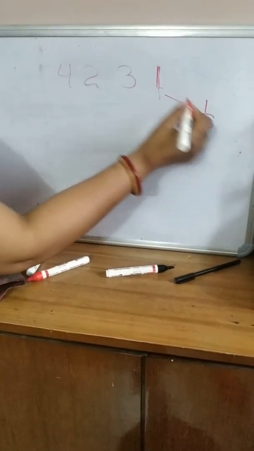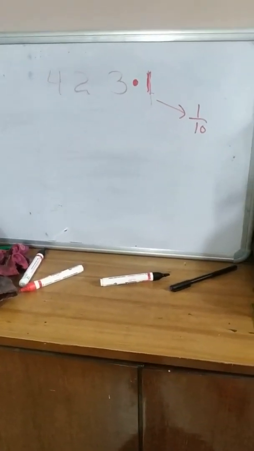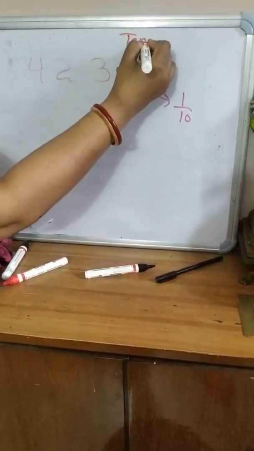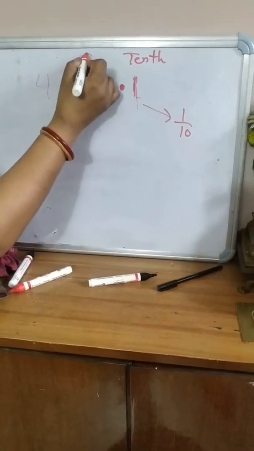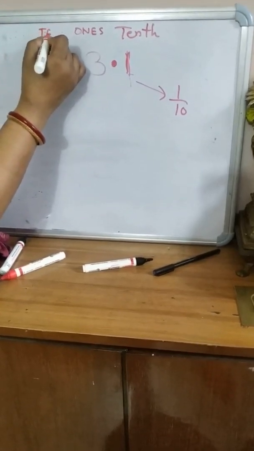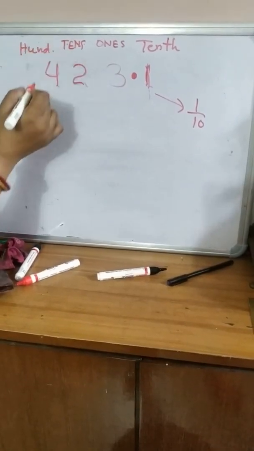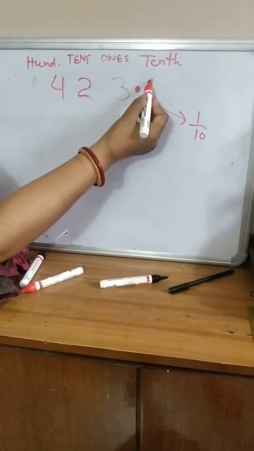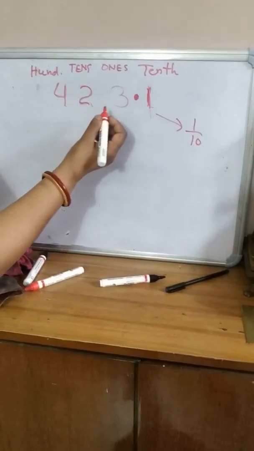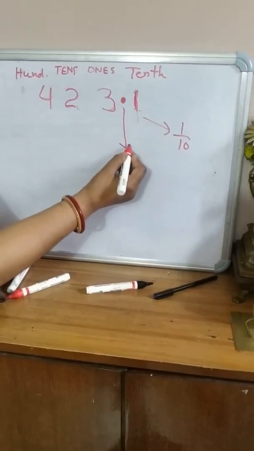In order to represent this digit, I have to put this dot here. As I have put this dot, the place value of this 1 will be tenths, the place value of 3 is ones, the place value of 2 is tens, and the place value of 4 is hundreds. So this 1 means 1/10th. Whenever I represent a decimal number, I have to put a dot here. This dot is called the decimal point.